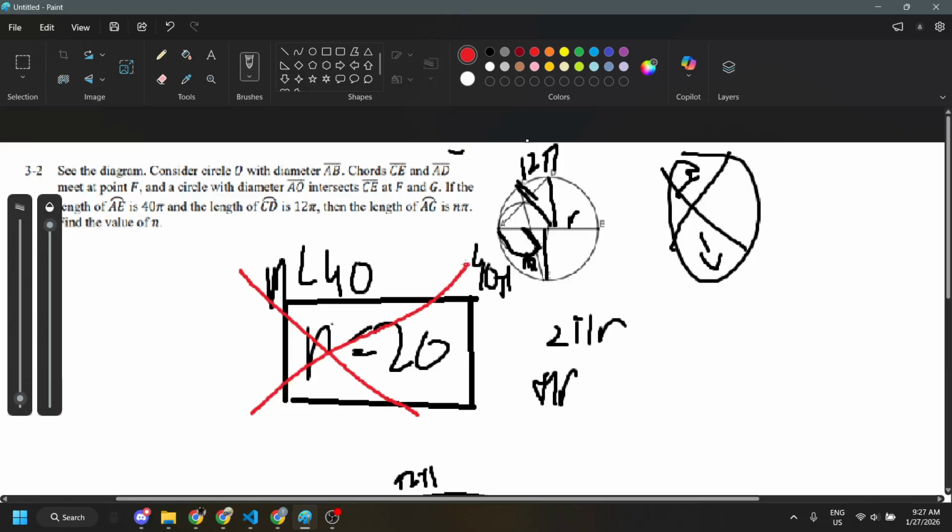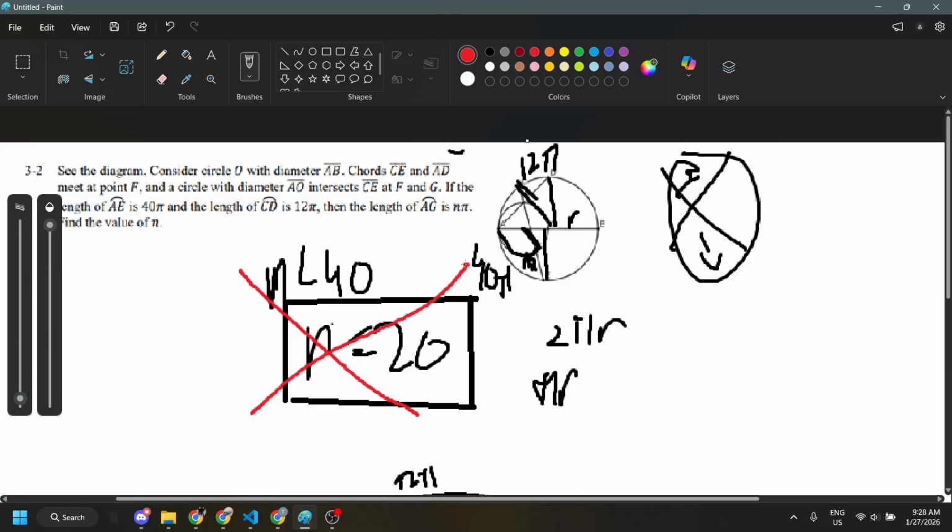The correct answer: I got the large circle's radius r, the measure of angle AFE, that angle is the average of the measure of AE and CD, or those lengths over 2.